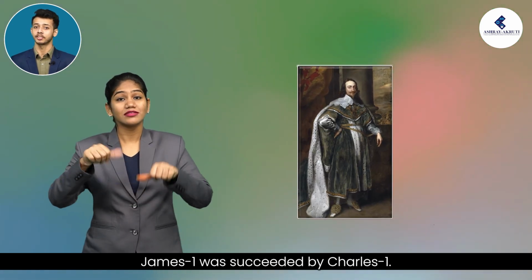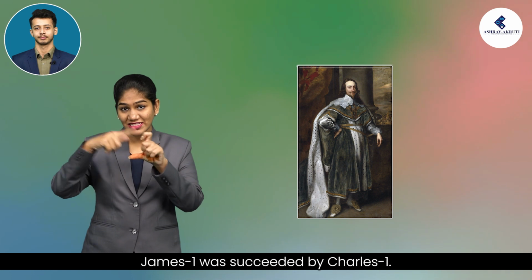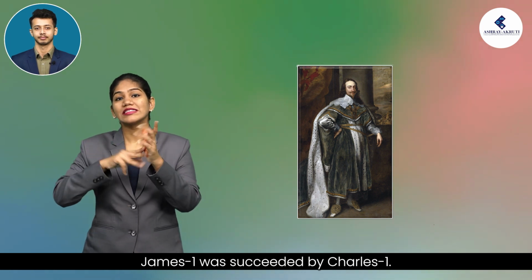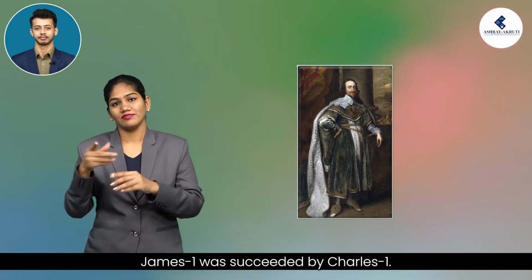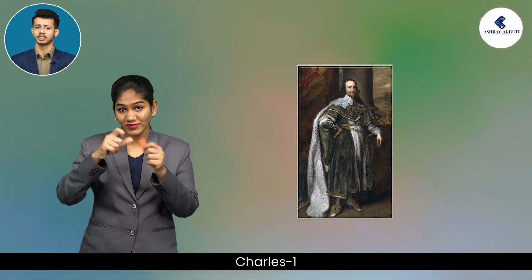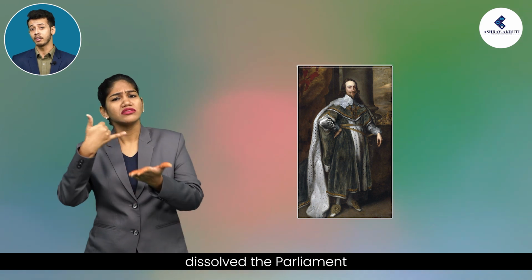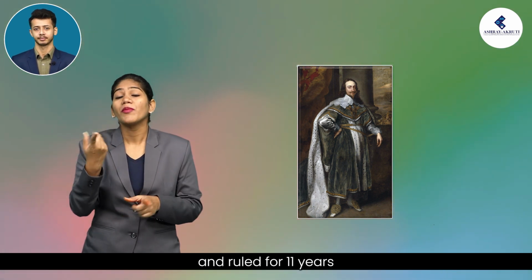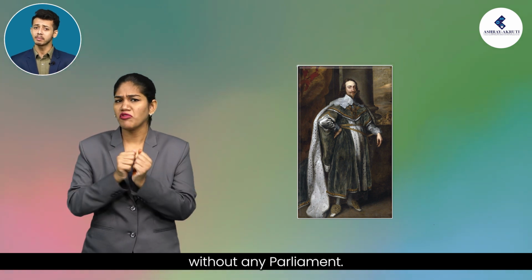James I was succeeded by Charles I. Charles I dissolved the parliament and ruled for 11 years without any parliament.